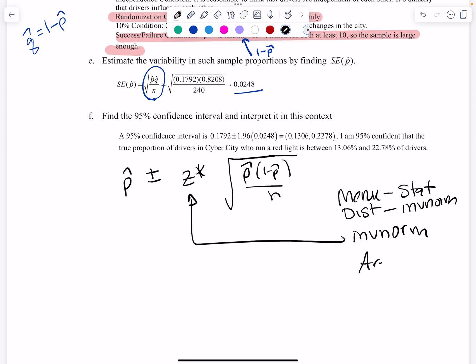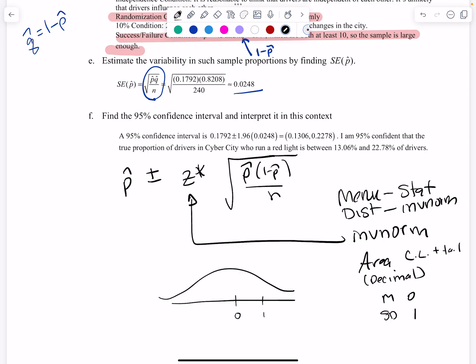The area, remember, is going to be in a decimal, but it's going to be the confidence level plus the tail. The mean is 0 and the standard deviation is 1, because what I'm doing is I'm on a normal model where the mean is 0 and the standard deviation is 1. This is a z-score that I'm looking for.